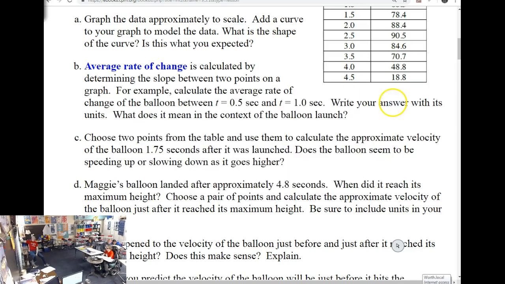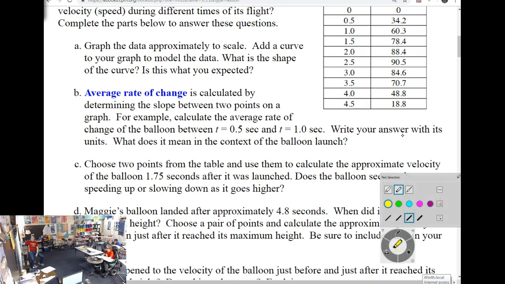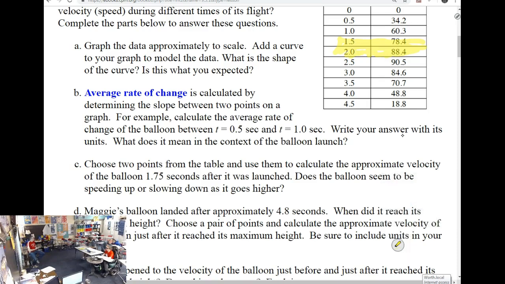So if you use 1.5 and 2 and average these values, we know it's not the median, not dead middle, but would the average be pretty close to our trajectory at 1.75?